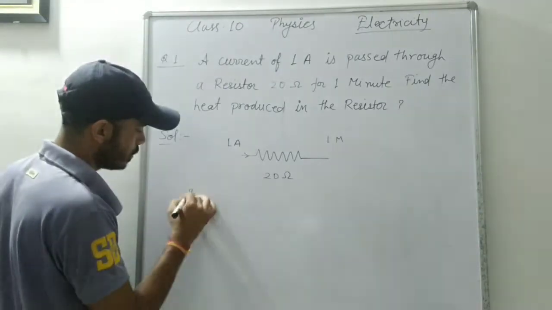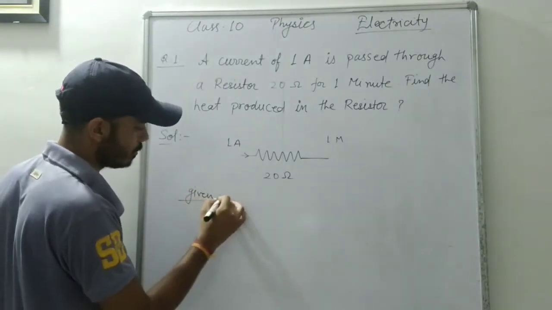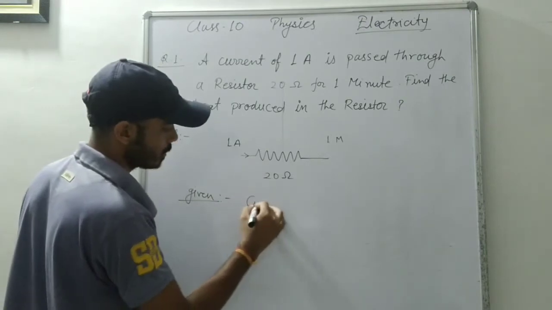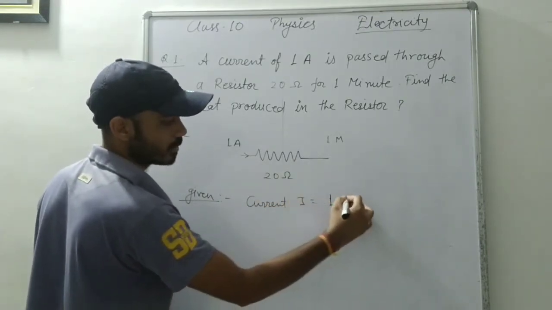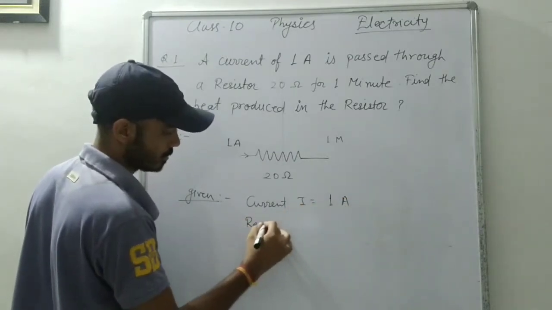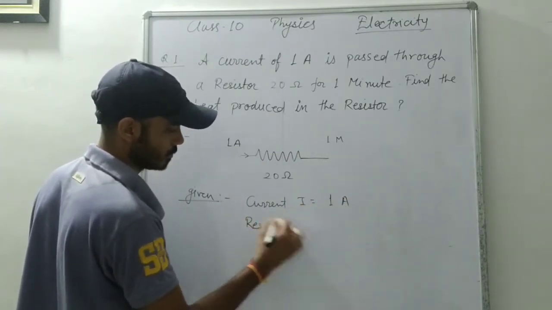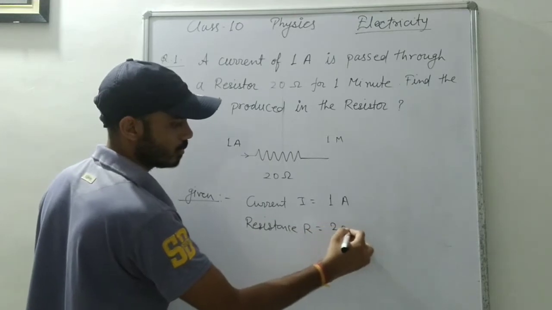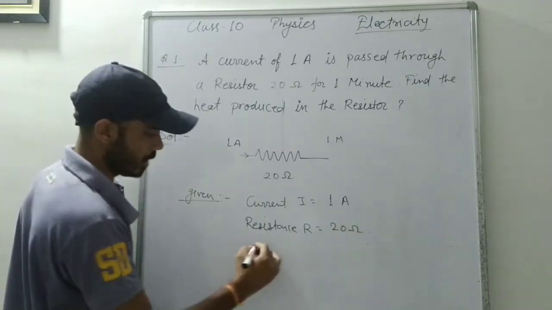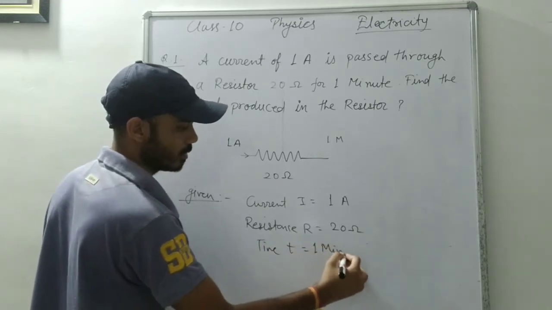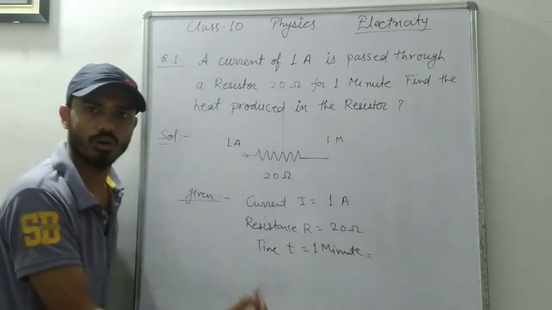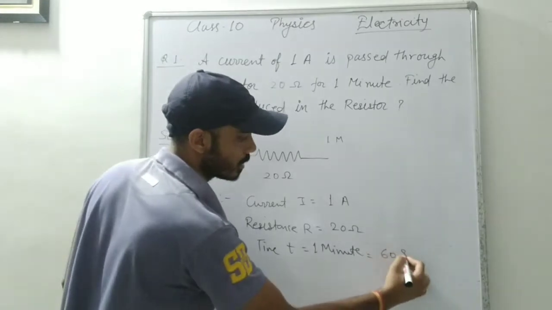The given terms in the question are current I equals 1 ampere, resistance R equals 20 ohm, and time T equals 1 minute, which is also equal to 60 seconds.